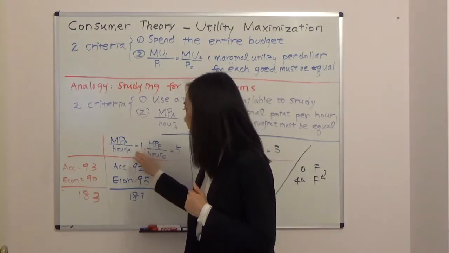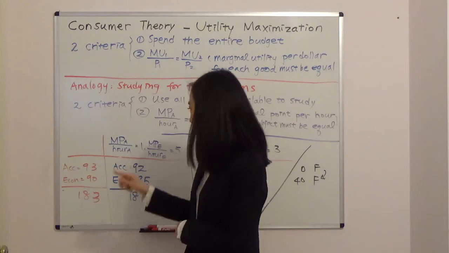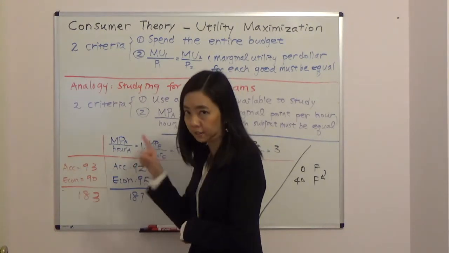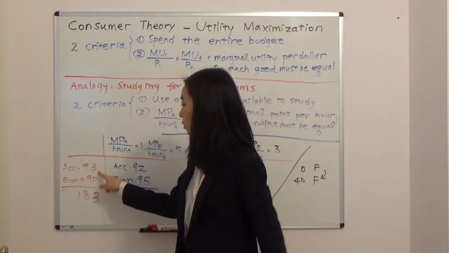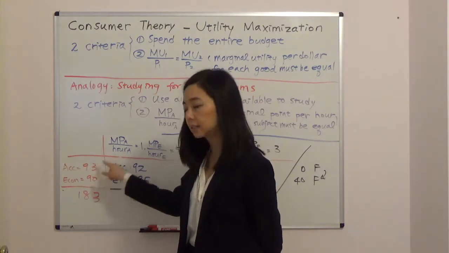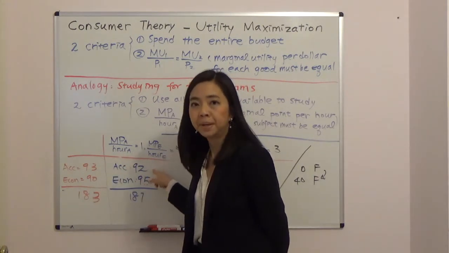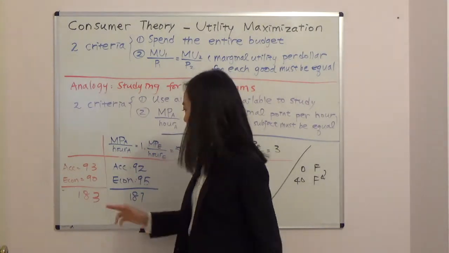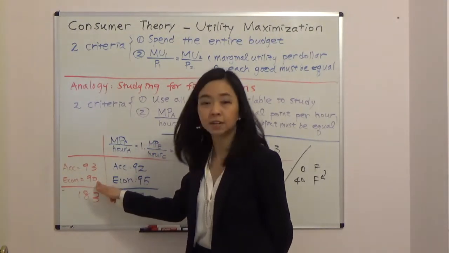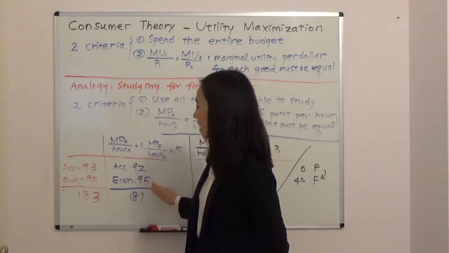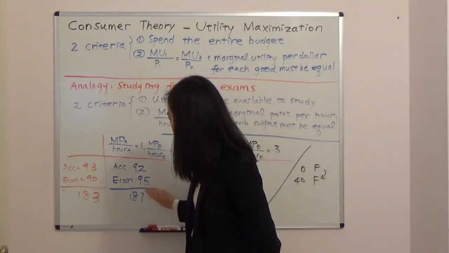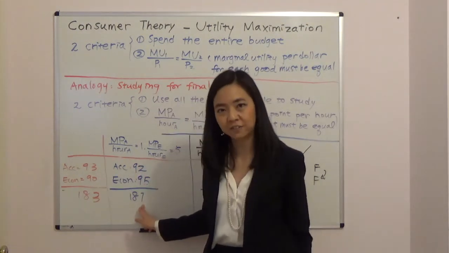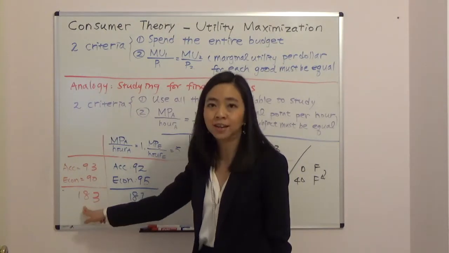Then that's going to bring down your accounting point by 1 point, because your marginal point per hour for accounting is 1. So your accounting is going to go down from 93 points to 92 points. But then you shift the hour from accounting to studying economics. So that's going to increase your point of economics from 90 to 95. Now sum up the total points. See, 187. That's better than 183.